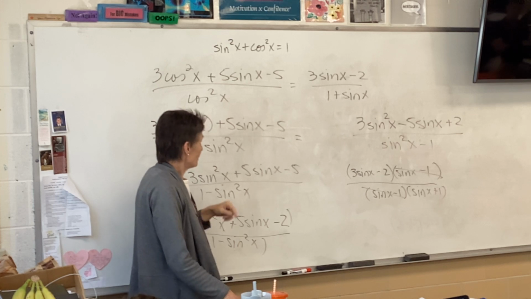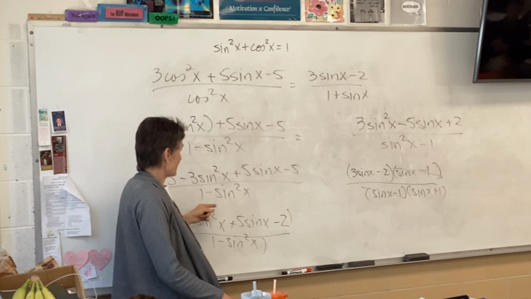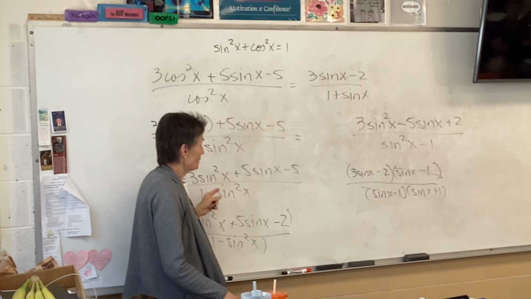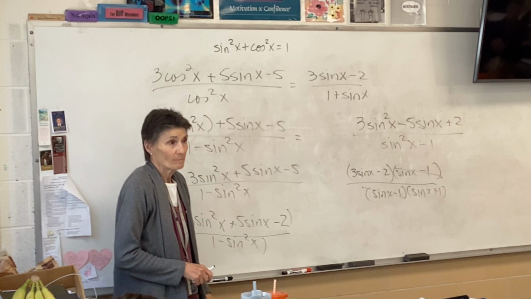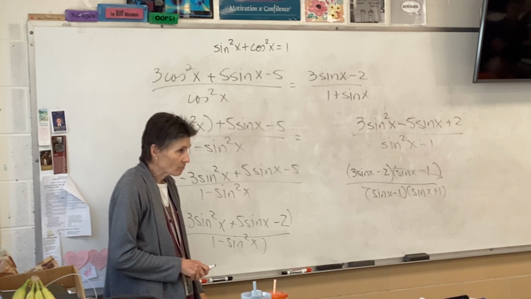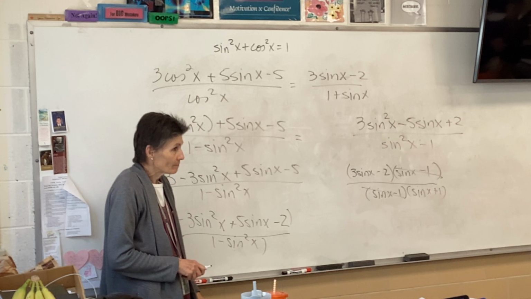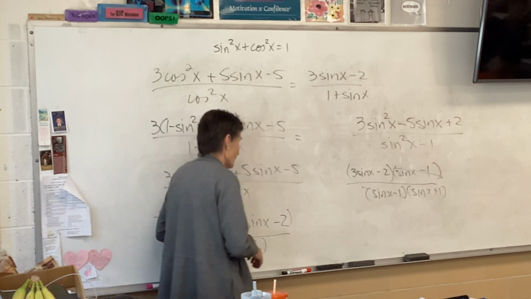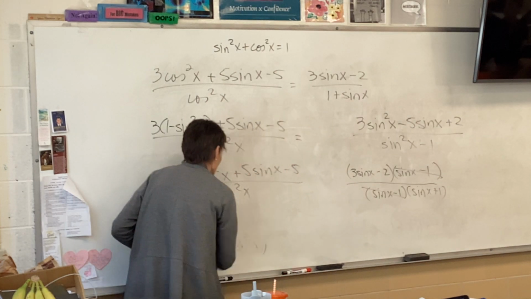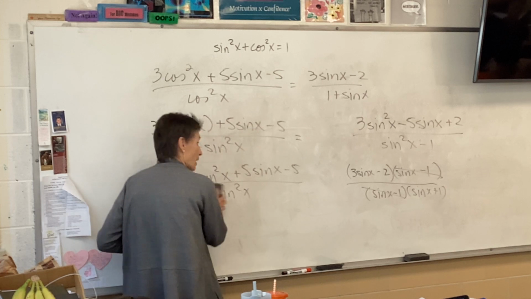Then this is way bigger than what I wanted, so I knew at some point I had to cancel. And how do I cancel in math? First, factor. Okay. All right.